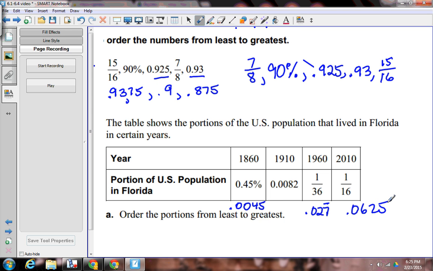So I'm just going to number them from least to greatest, and it actually turns out, doesn't it, going from our oldest year is first, 1910 is second, then it goes to 2010 being the most. So I hope you got the same answer as me.